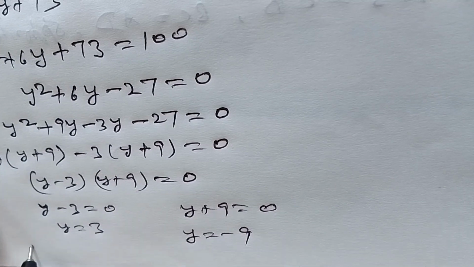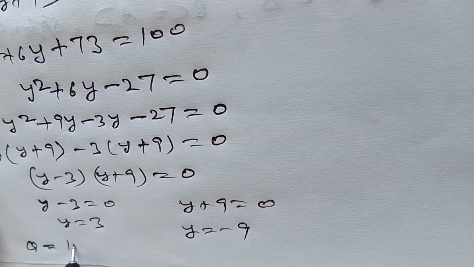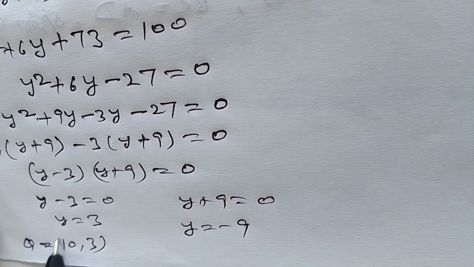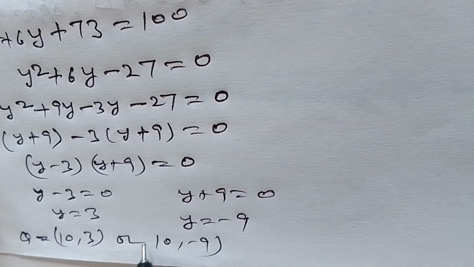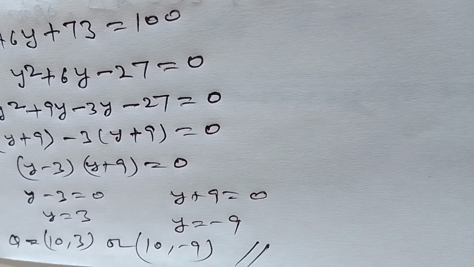So point Q can be written as (10, 3) or (10, −9). So this is the answer of the 8th question.